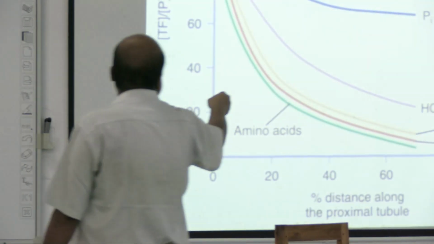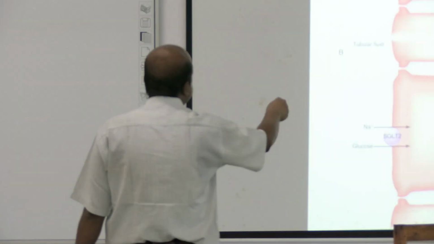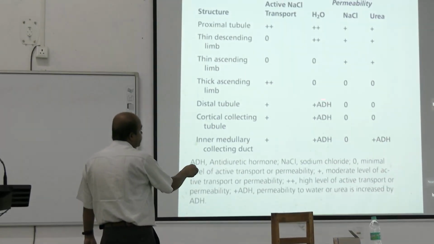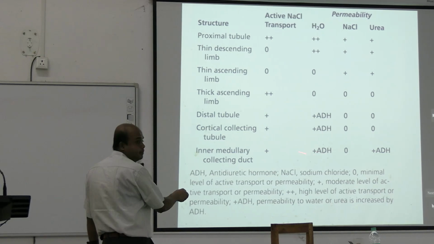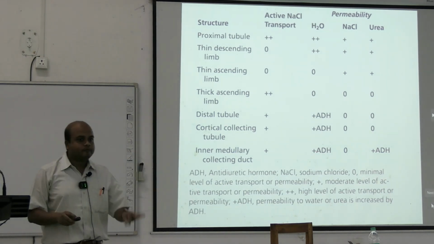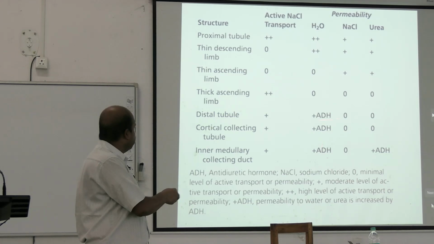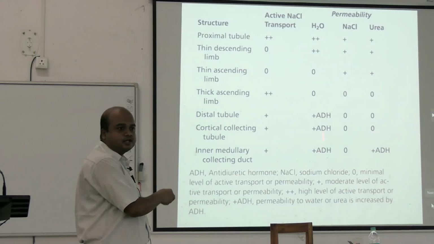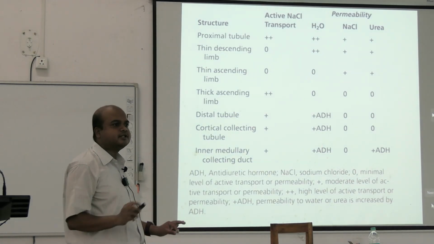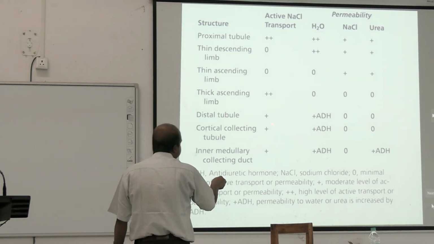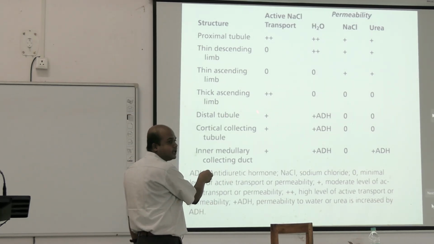For those, first note down these characteristics, then we will come back. In the collecting duct, if there is ADH, it is water permeable. If there is no ADH or very little ADH, it is not water permeable. But NaCl permeability is 0 and active NaCl transport is there to some extent, a considerable extent, shown by 1 plus sign, but not like the thick ascending limb.